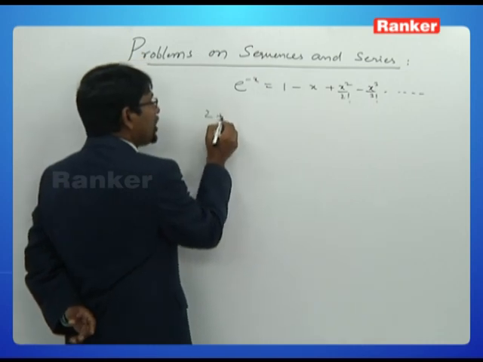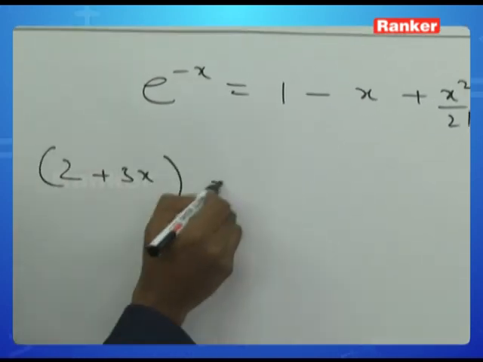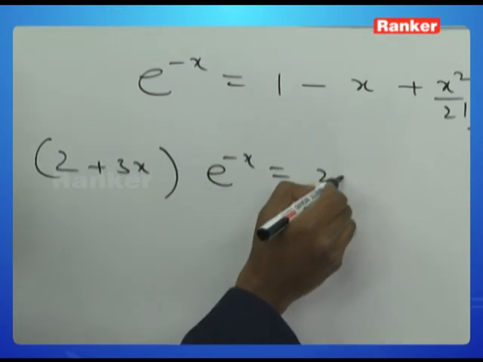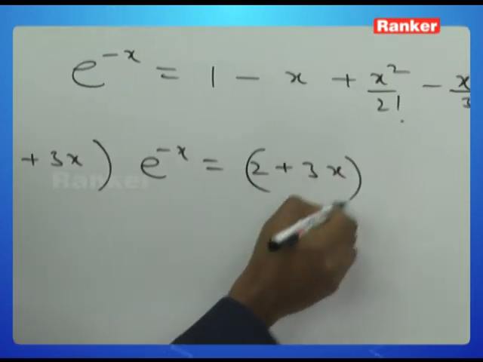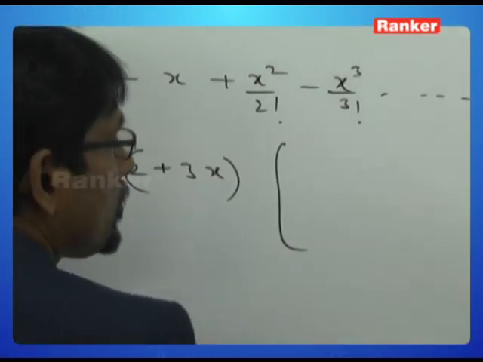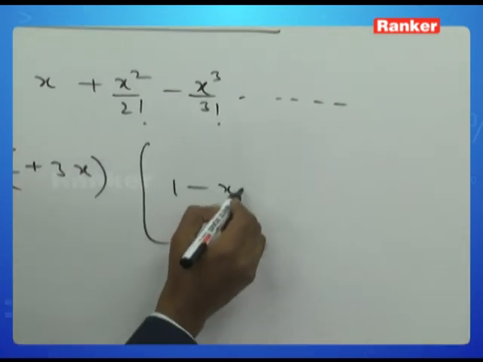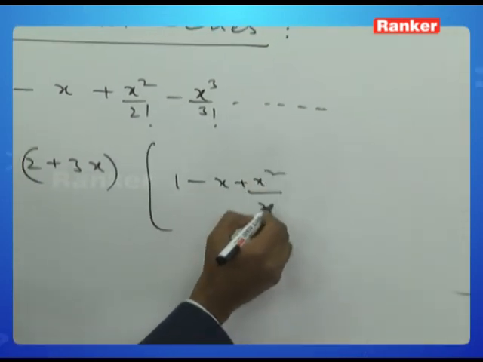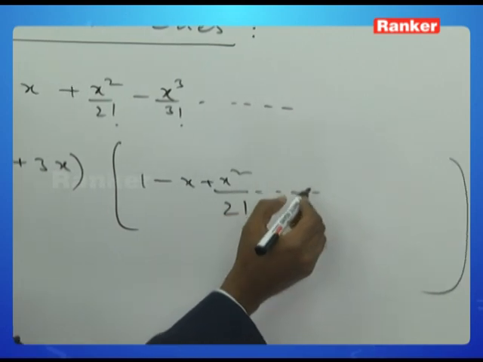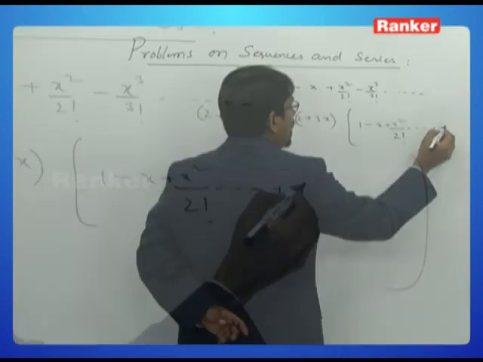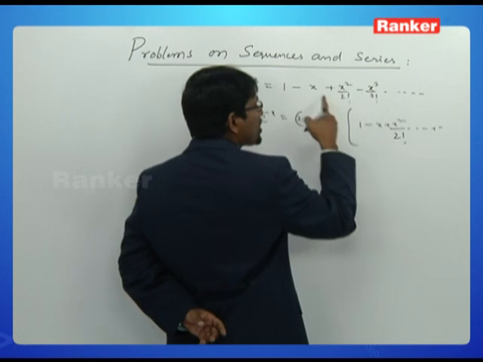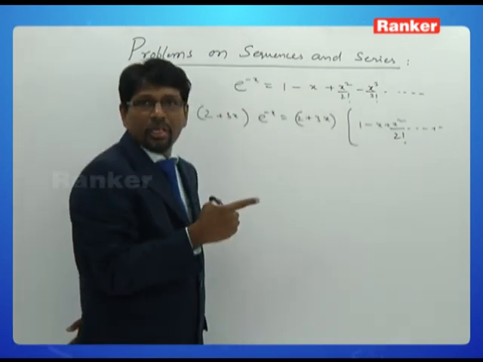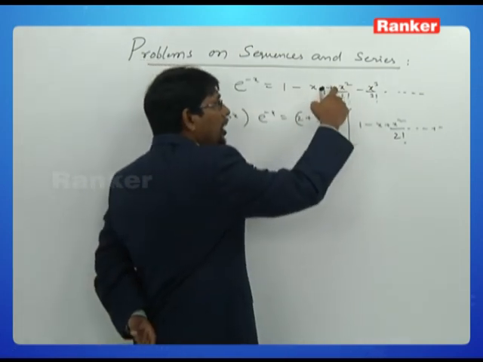Now 2 plus 3x into e power minus x will mean 2 plus 3x into this 1 minus x plus x square by 2 factorial, and so on. What will be the x power 9 term? It will come with a negative sign. Odd power terms come with a negative sign, even power terms come with a positive sign.